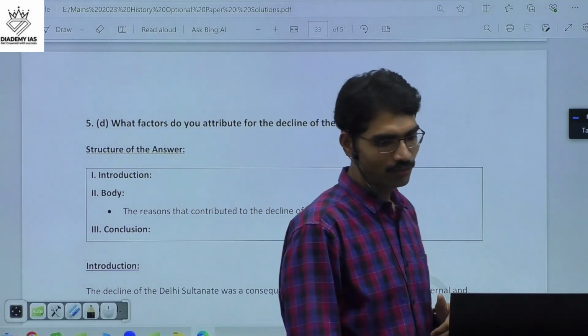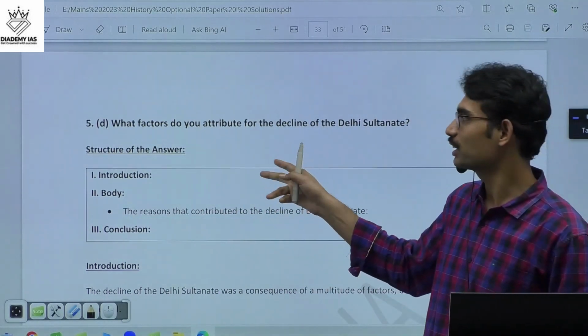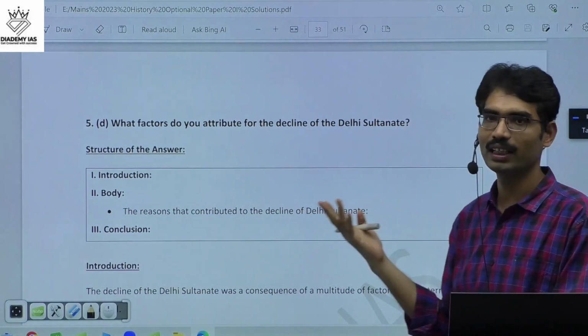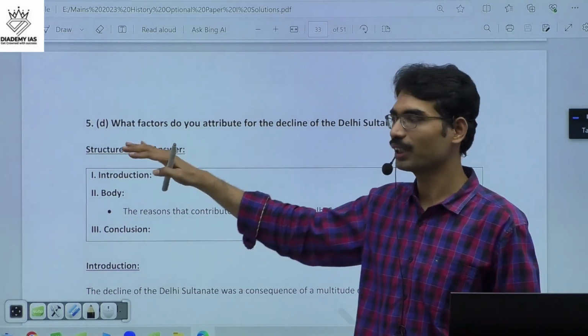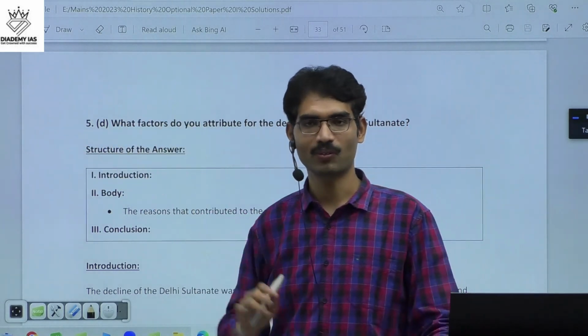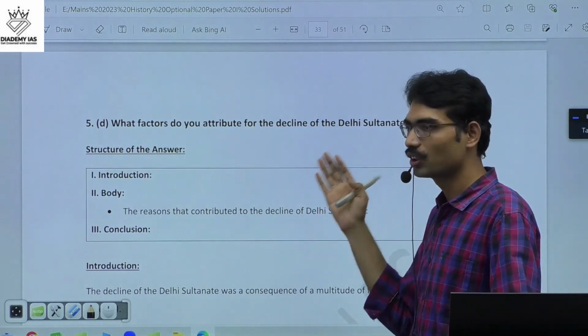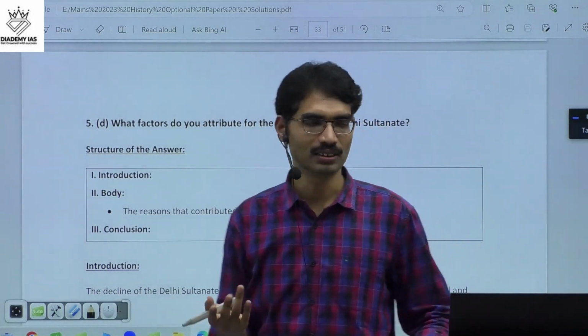5D is really a very easy question. What factors do you attribute for the decline of the Delhi Sultanate? It is one of the easiest questions in Paper 1, because it is very straightforward. Just give the different causes for the decline of the Delhi Sultanate.